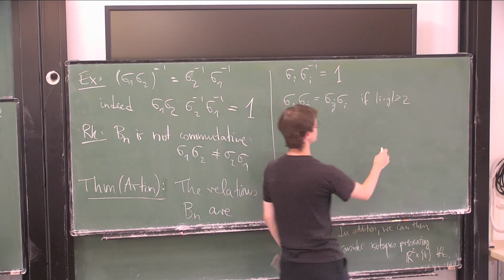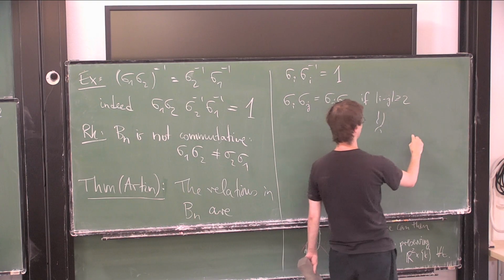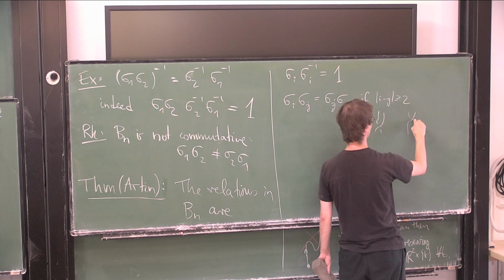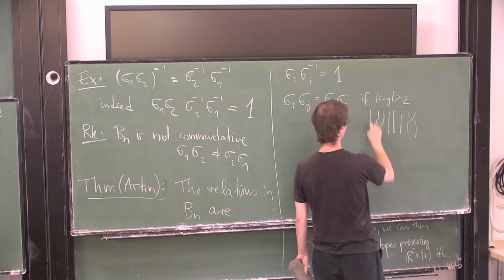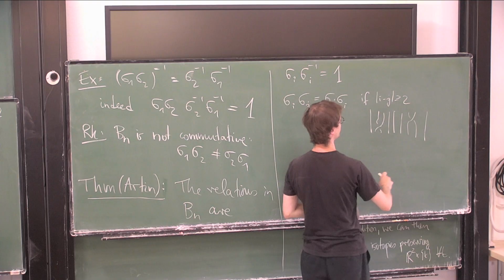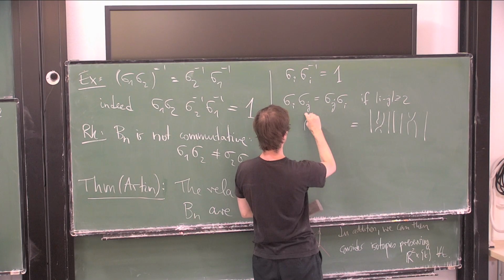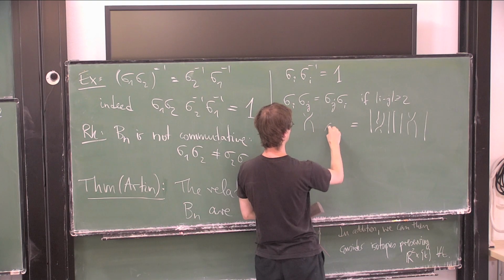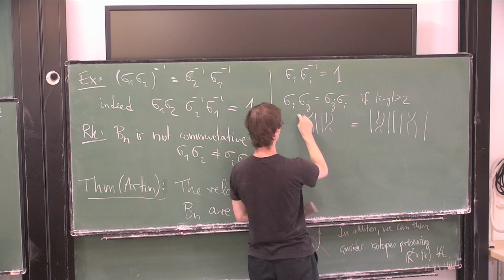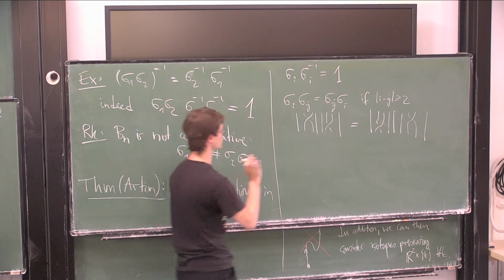Because this literally means that when you cross somewhere, and then you cross somewhere else, far away, then you can really just wiggle things around and change the order. Doing this later, or doing this first. So this is not surprising.